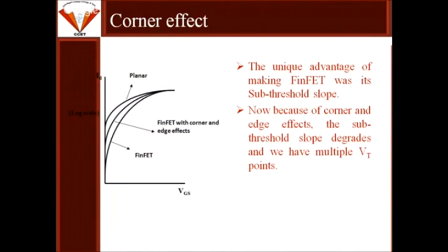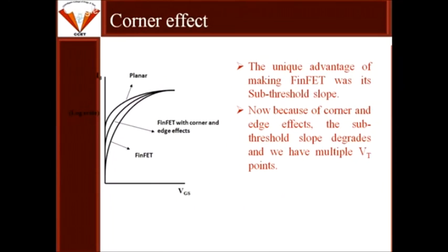The off current has to be minimum, but because of the corner and edge effect, the off current is slightly higher. Though it is less than the planar MOSFET, it is still a problem in the FinFET device, because if we advance the technology, this is going to be very critical if the corner effect and edge effect are there.